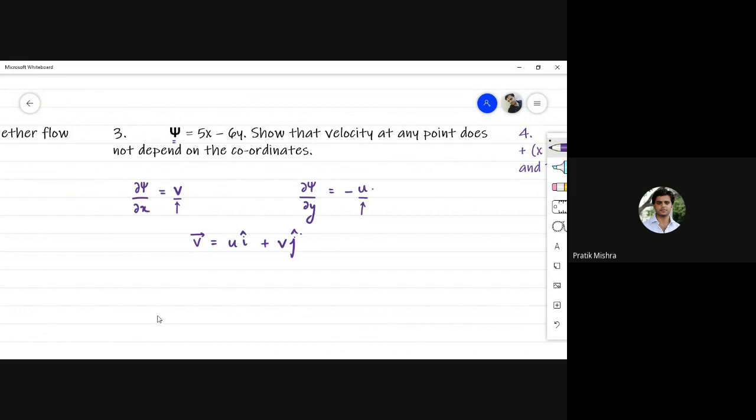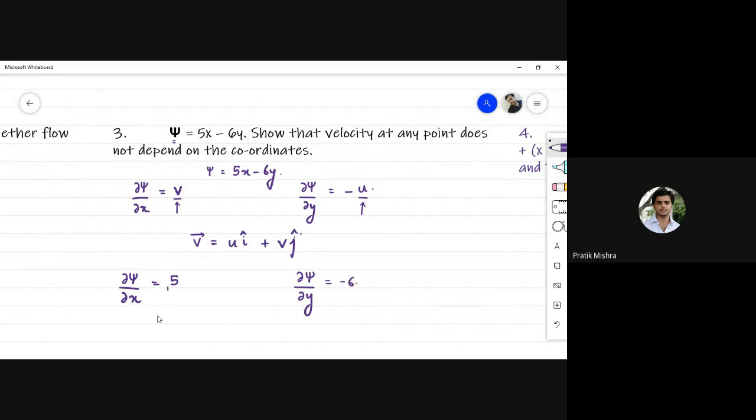You are given the function psi as 5x minus 6y. So your del psi by del x is equal to 5, and your del psi by del y comes out to be minus 6.